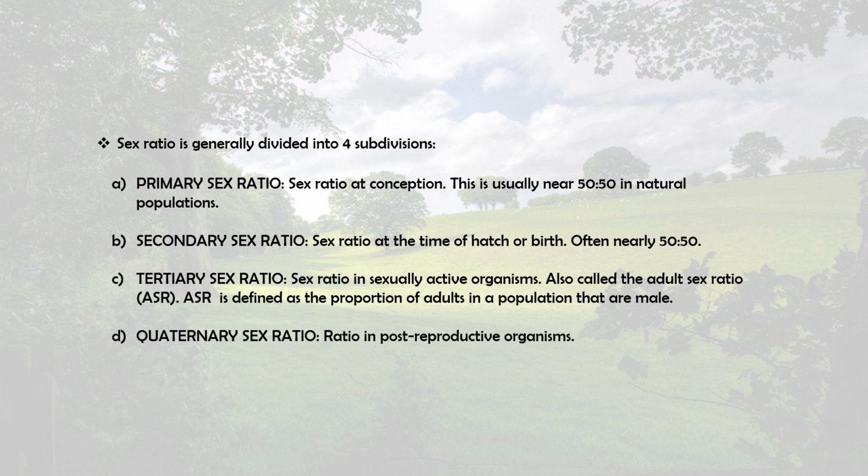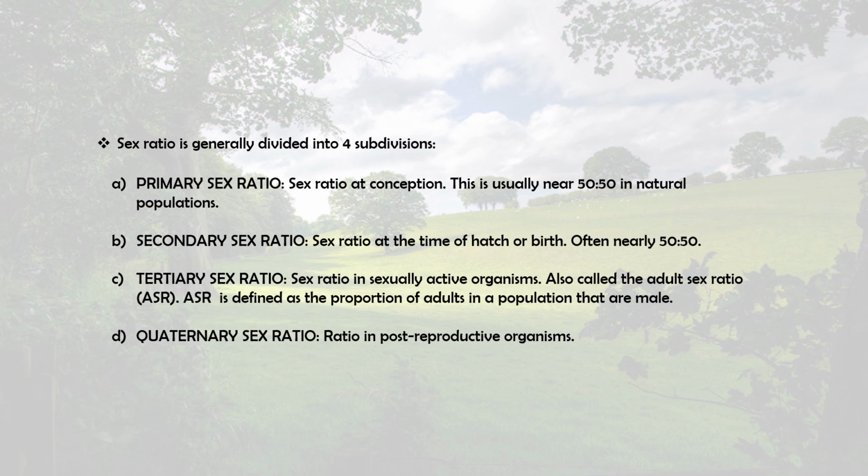Measuring these ratios is a problem since they lack clear boundaries. Generally in avian species, tertiary sex ratios seem to be skewed towards males.